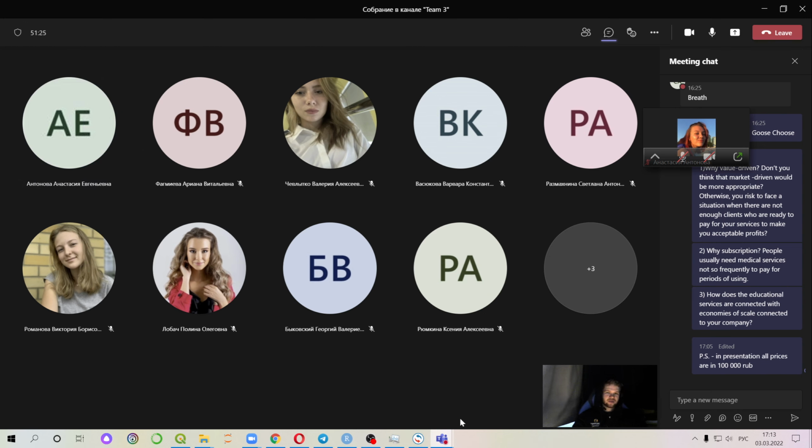So the idea is that at first we have some pretty huge expenses on IT stuff like servers, computers, and app creating.